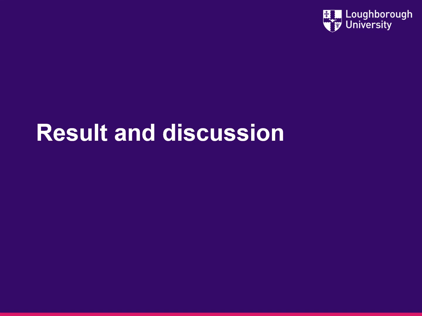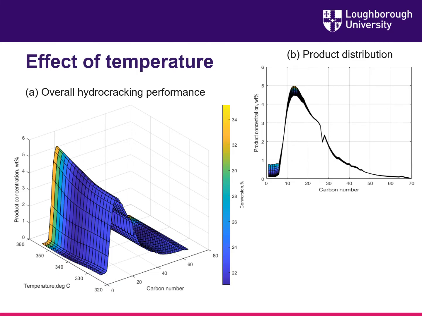In this section, I'm going to show you some of the results from the hybrid model and the optimization model. Here, the hybrid model is used to study the effect of temperature on the hydrocracking performance. Different temperatures were studied from 324 to 354 degrees Celsius. At the same time, the other operating conditions are kept constant.